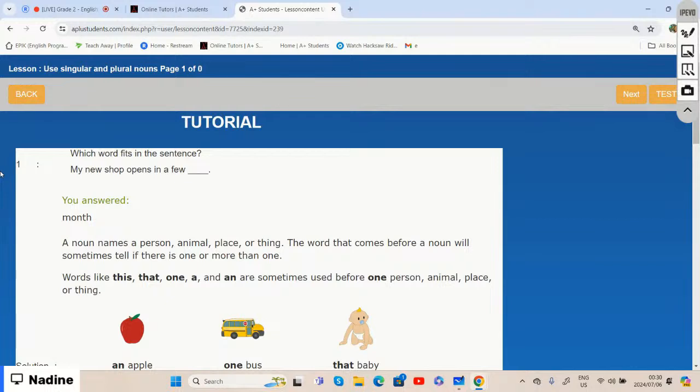Singular nouns refer to one person, animal, place, or thing.